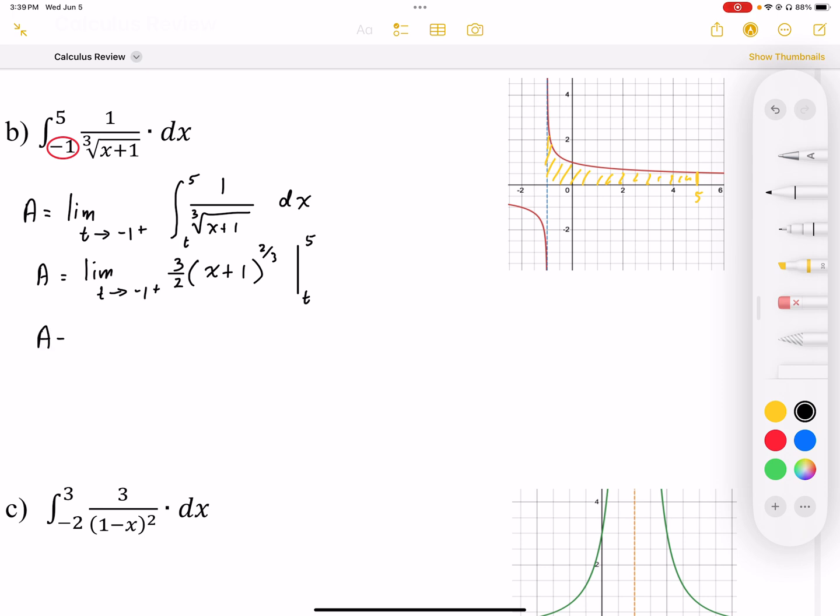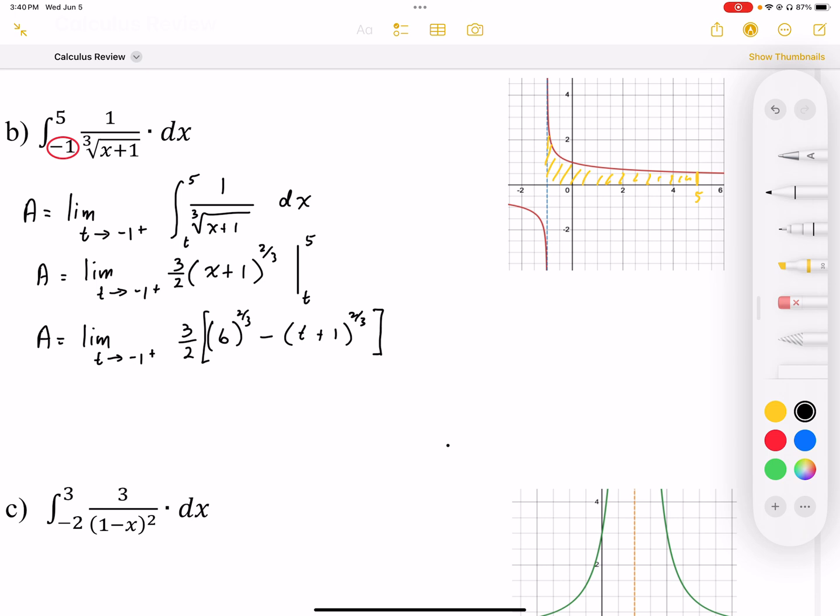So I can plug this in. The limit as t approaches negative 1 from the positive side, I have 3 over 2, and I'm going to plug in the x, so I'm going to end up with 6 to the power 2 over 3 minus, when I plug in the negative 1, t plus 1 to the 2 over 3.